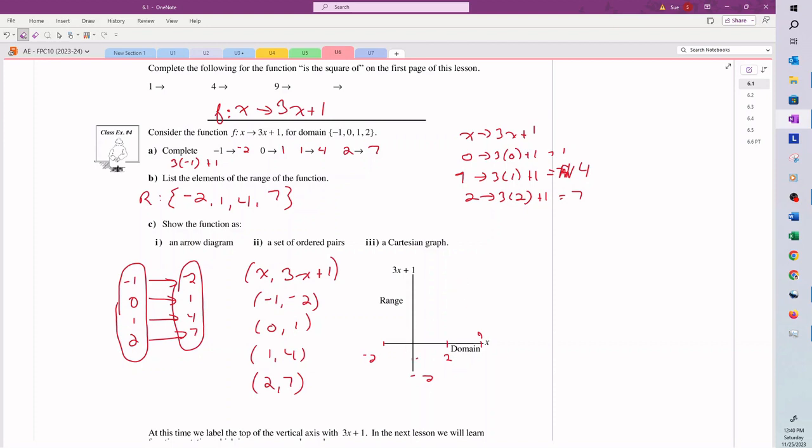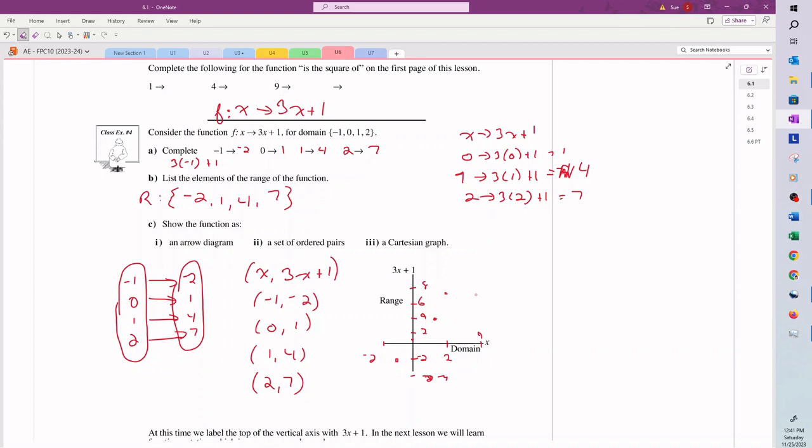Oh sorry, my y-axis, that's going to be 2, -2. And this is -4, and that's 2, and 4, and 6, and 8. So I have -1 and -2 would be there, and 0 and 1 would be there, and 1 and 4 would be there, and 2 and 7 would be about there. Okay, there's my Cartesian graph.